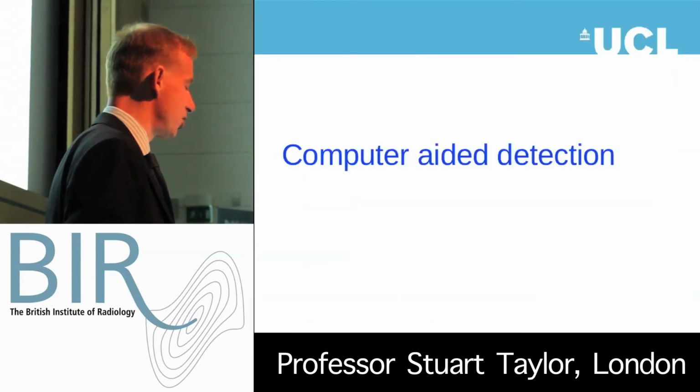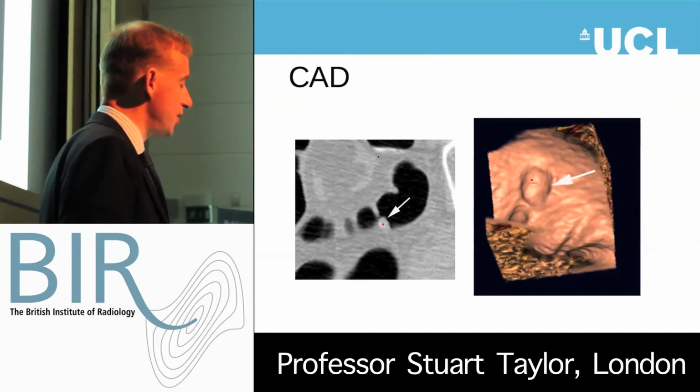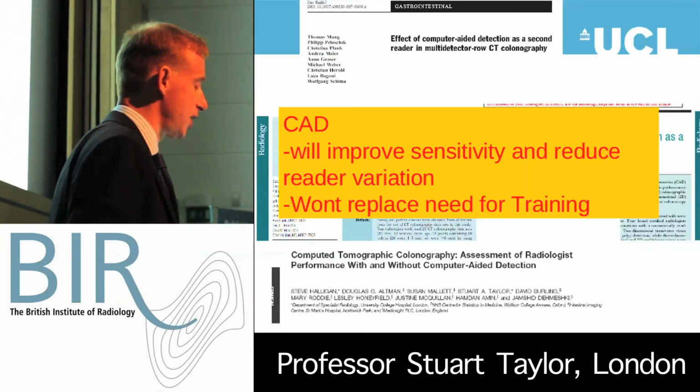I will briefly mention computer-aided detection. It puts a little mark on the polyp to tell you where that polyp is. So clearly that's going to hopefully help us decide where the abnormalities are. And these standalone CADs now have very high sensitivity. They're about 95% sensitivity for the larger polyps. So from a technical point of view, they do work very well. If you use CAD, you'll increase your sensitivity for larger polyps by about 7%.